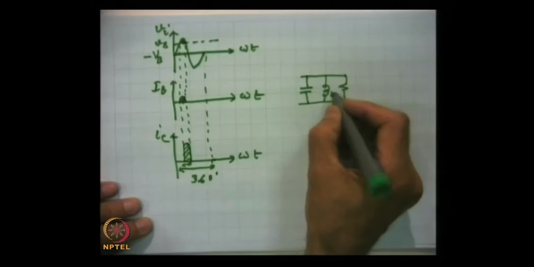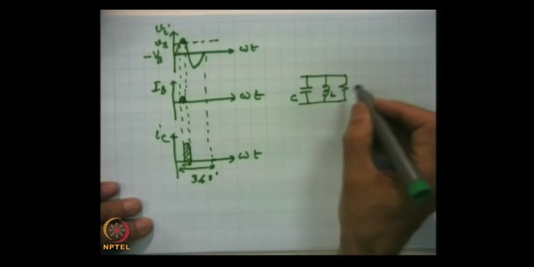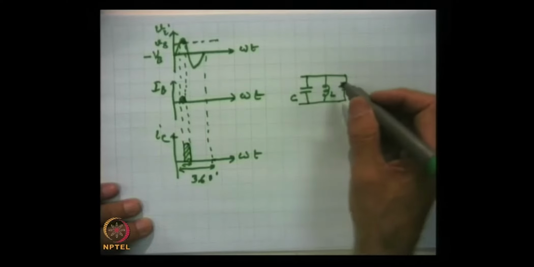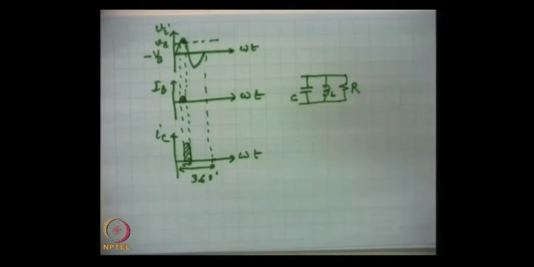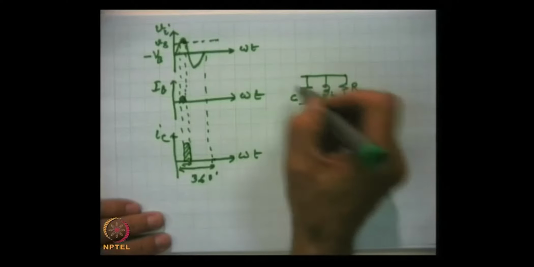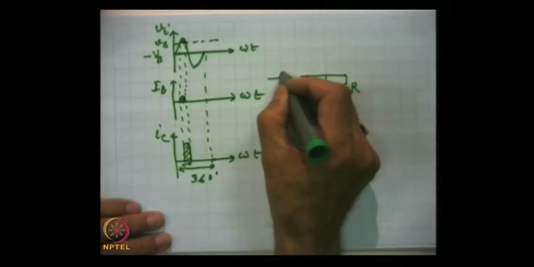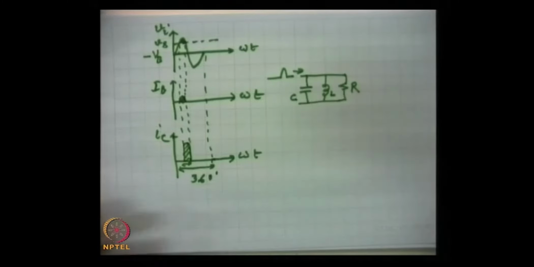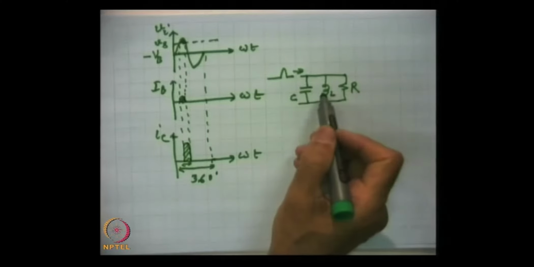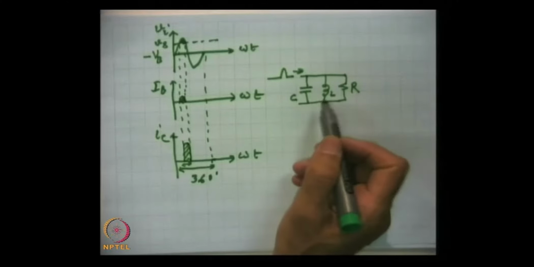This is L, this is C, and this is the effective R, and these current pulses are striking this LCR circuit.